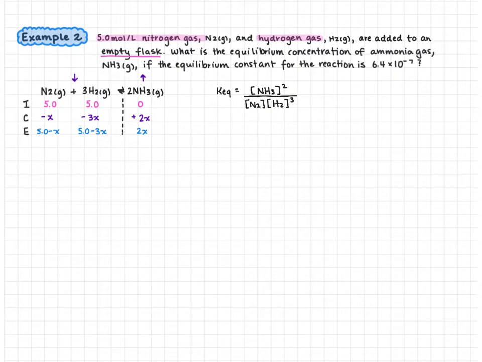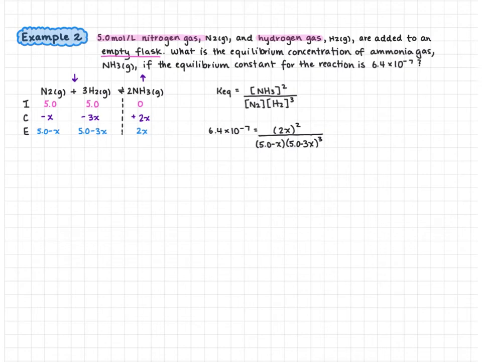So we can plug in our numbers now and just have a look at what we're working with. So we have 6.4 times 10 to the negative 7 equals 2x squared divided by 5.0 minus x and 5.0 minus 3x cubed.